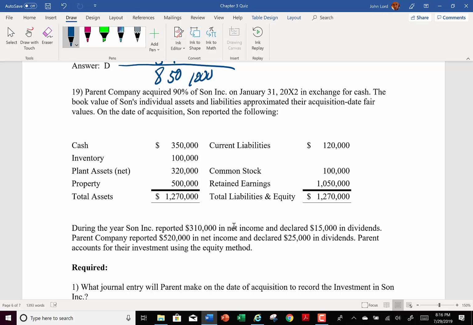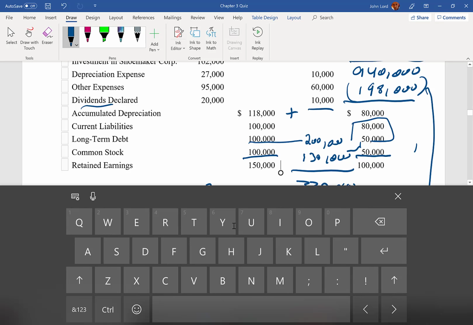That's because we're in this particular chapter. So I'm acquiring their net assets, 1,150,000.